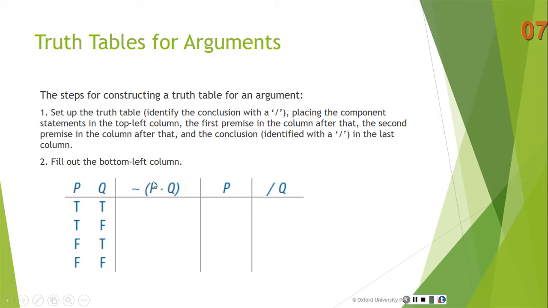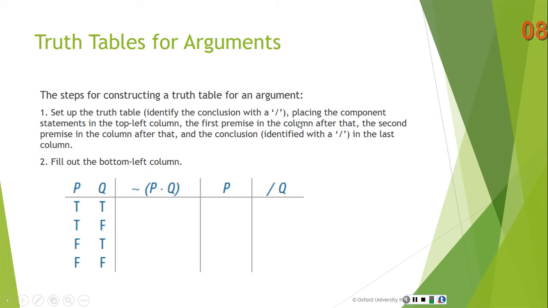Find all the component statements. We just have P and Q. So we list all the component statements in the top left column, P, Q. We do P first because it appears first in the argument, and Q second because it appears after P.